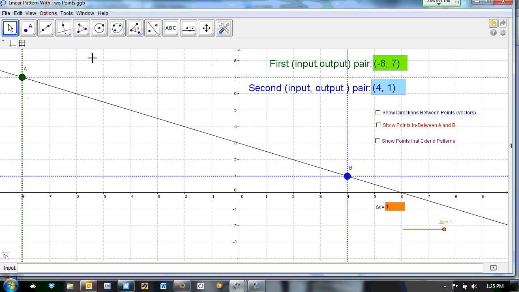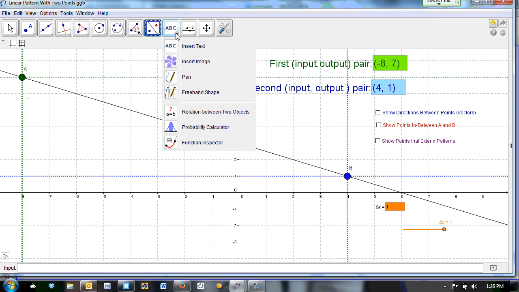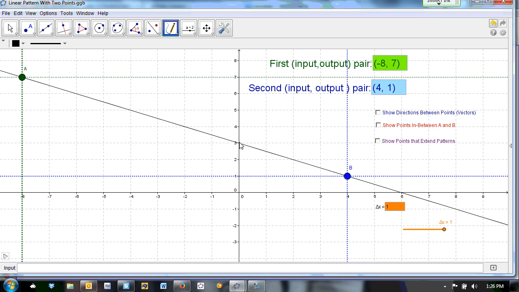So what we needed was you guys connected your 2 points with the line, and we found where the line crosses the y-axis. In this case, we can see that our 0th term value, or our y-intercept value, is 3. So if we input a 0 into our rule, we're going to get out a 3, which is what this point is right here.